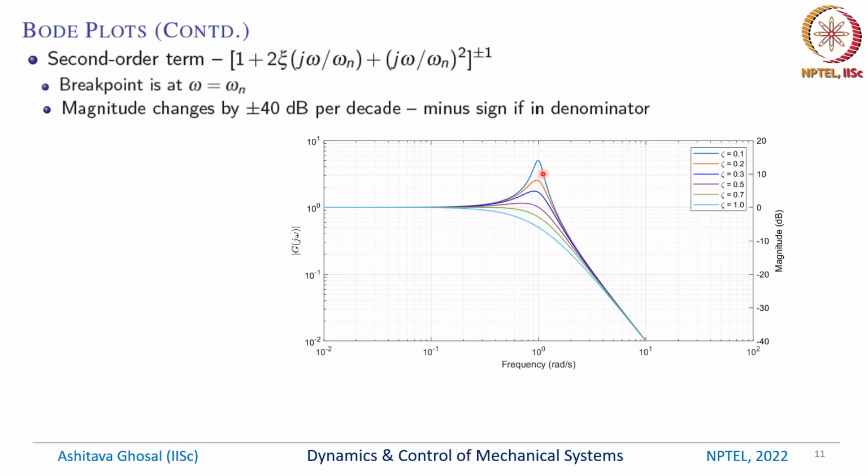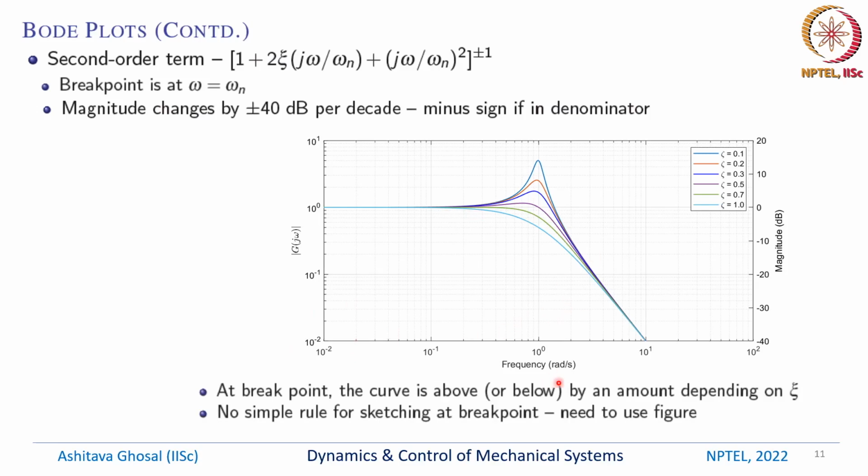The amplification at the corner frequency is smaller when the damping is more, and beyond some damping, roughly 0.7, you can see that there is no amplification. The plot of magnitude is always below 10 to the power 0.